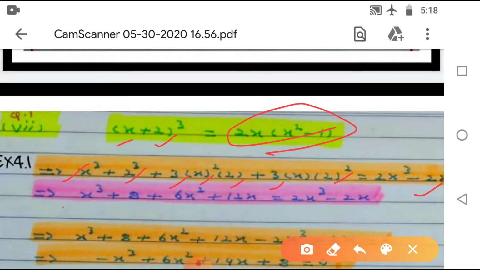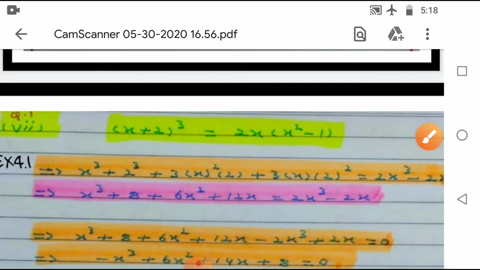So, this is x³, 2³ is 8, and 3x² into 2 is 6x². When we multiply 3 into x into 2², 2² is 4 and 4 times 3 is 12, so it becomes 12x. On the right hand side is 2x³ − 2x.